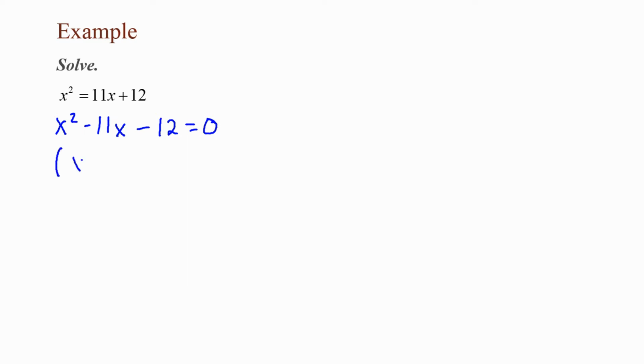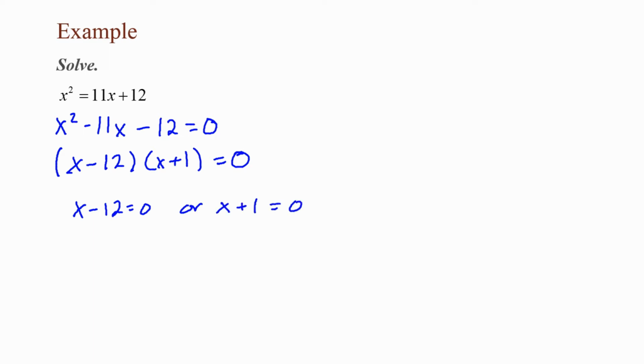So x minus 12 and x plus 1, and bring down your equals 0. Negative 12 times 1 is a negative 12, and negative 12 plus 1 is a negative 11. Now setting each of them equal to 0, x minus 12 equals 0, or x plus 1 equals 0. Solving for x will be 12, or x will be negative 1.